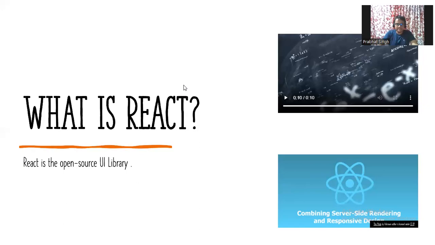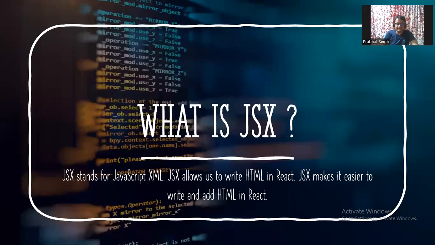So our next part is what is JSX. JSX is just a mixture of JavaScript and HTML, so we can write our logic more effectively, more properly and more conveniently.